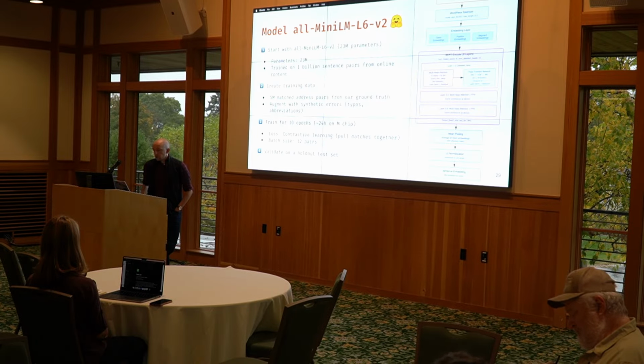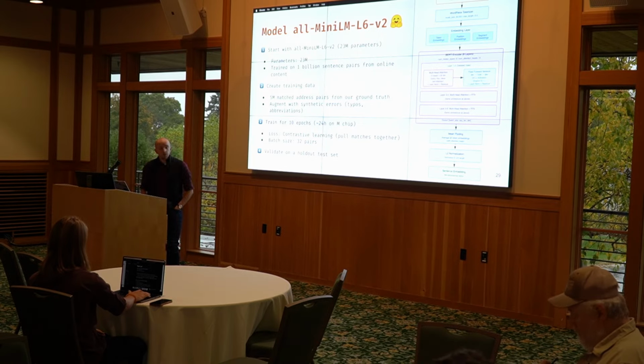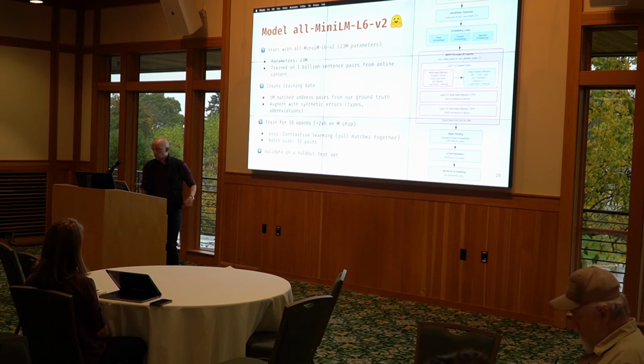So for this solution, I used open source models, so the all-MiniLM-L6 that is available on Hugging Face. For those who are interested, this is the architecture. And it has about 23 million parameters. So we're again going from a couple 100 million to roughly a 90% decrease in the architecture.